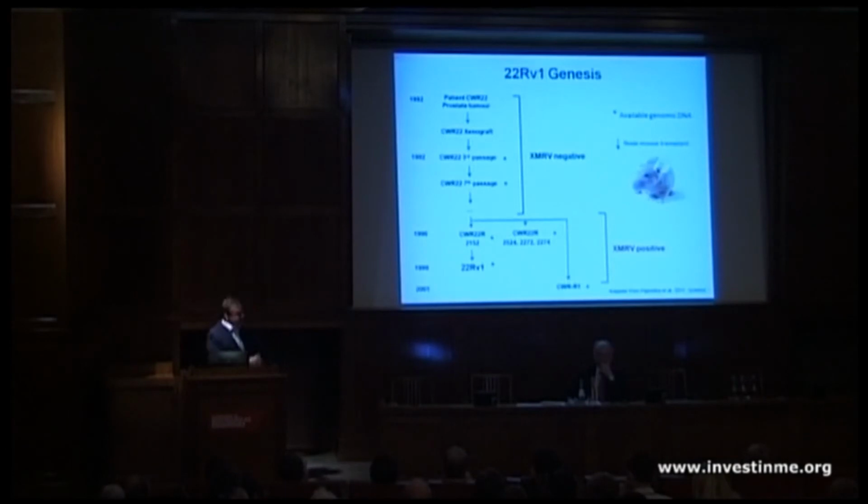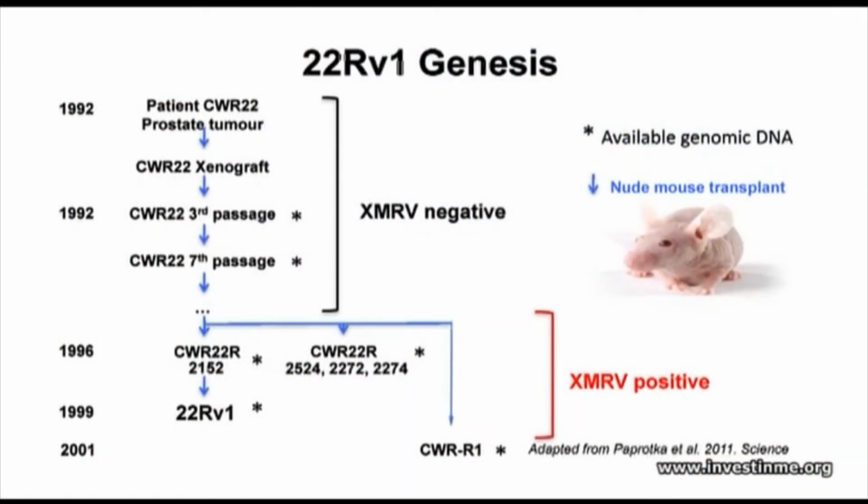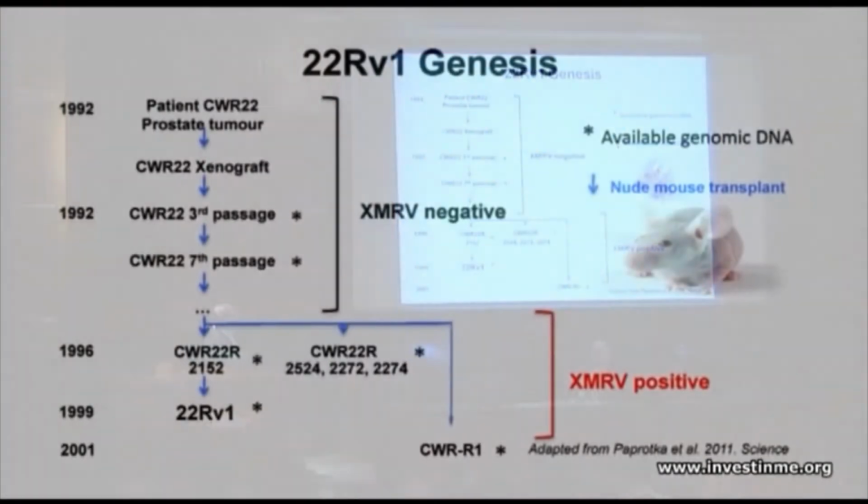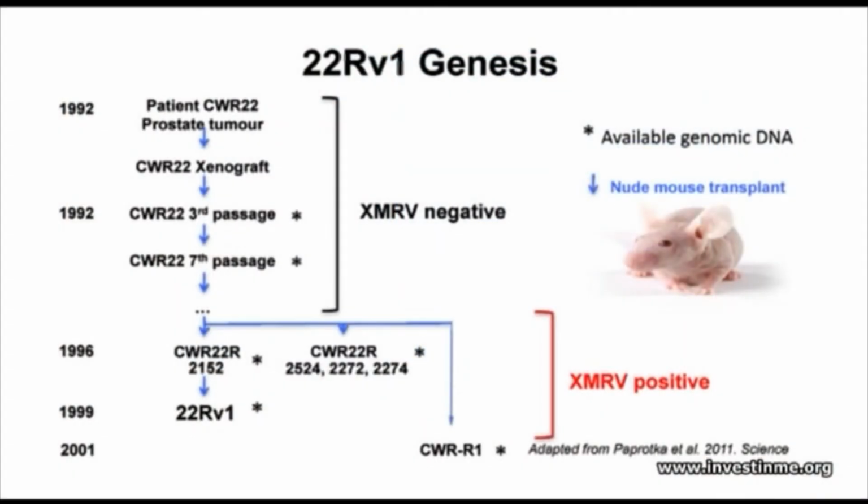That allowed Vinny then to go on and test whether the tumor had the virus in it beforehand. The DNA samples were available from early passage. In fact, they weren't available from before it went into the mouse, but they were available from the early mouse experiments, and there were some samples available from the later mouse experiments. Vinny could show by using PCR that the XMRV virus could not be found in the early passage, but was found in the late passage.